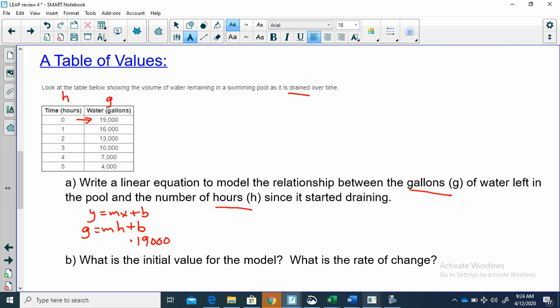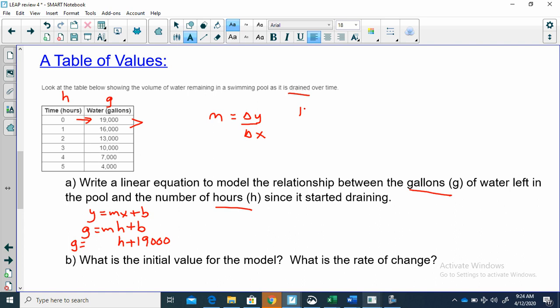Now we need our slope. Our slope, our M, is our change in Y over change in X, our rise over our run. Change in Y here, 16,000 minus 19,000, okay?